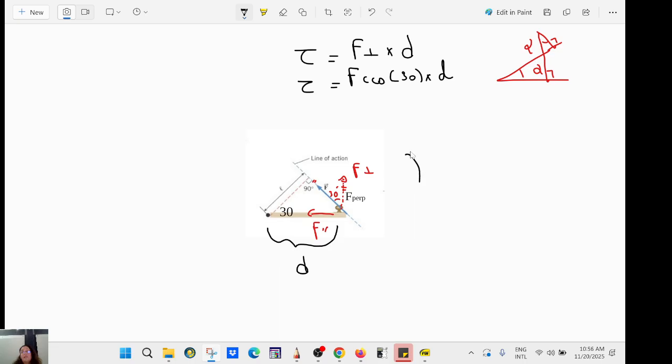And then we're going to decide that if you are trying to make counterclockwise, the torque will be positive. If it's clockwise, the torque will be negative. Are you with me? And then torque is a vector, so you're going to take your right hand again. If you are trying to make this rotation like this, do you agree?